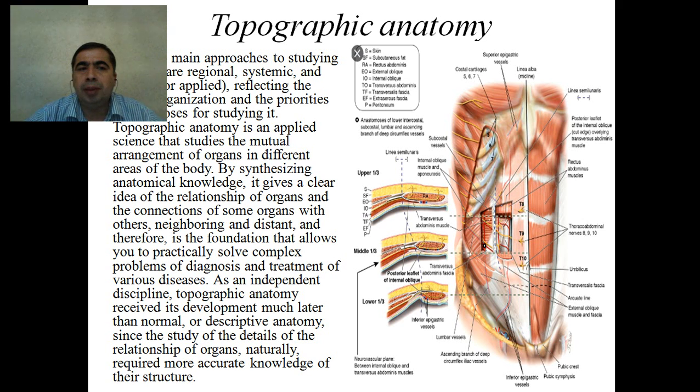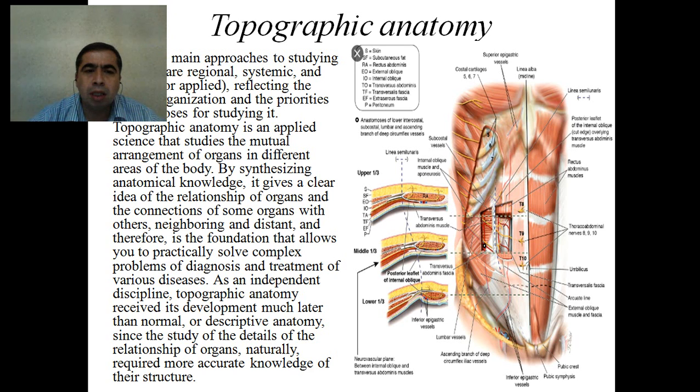In anatomy, the three main approaches to studying the anatomy are regional, systemic, and clinical or applied, reflecting the body's organization and the priorities and purposes for studying it. Yes, you are familiar with systemic anatomy because you have studied anatomy in a systemic way.